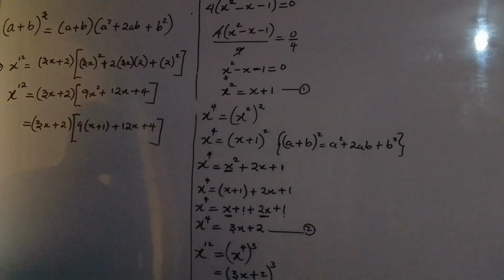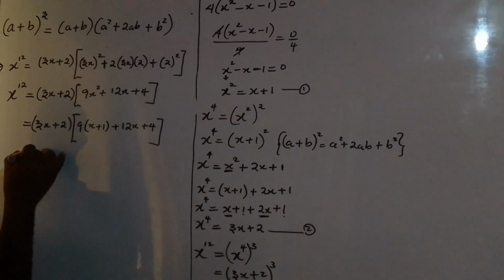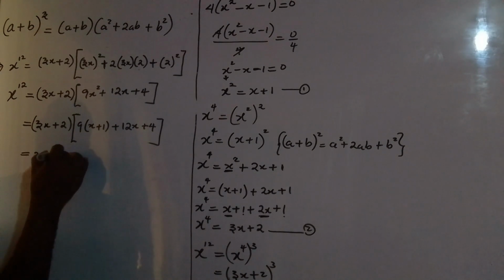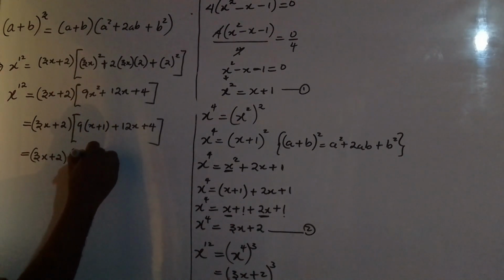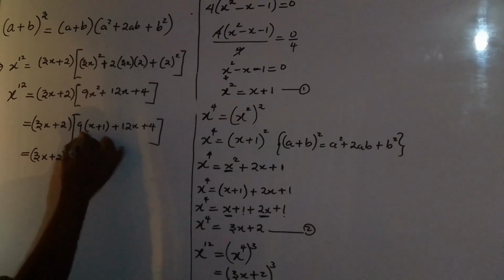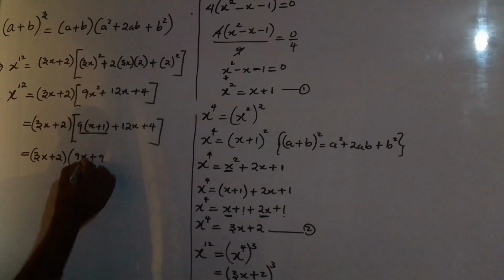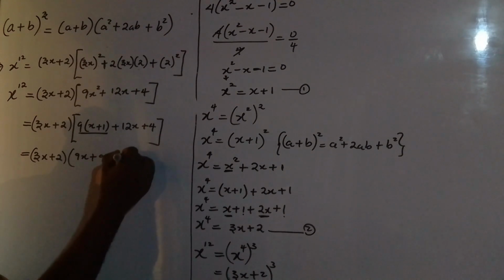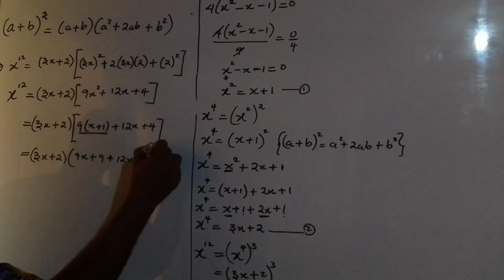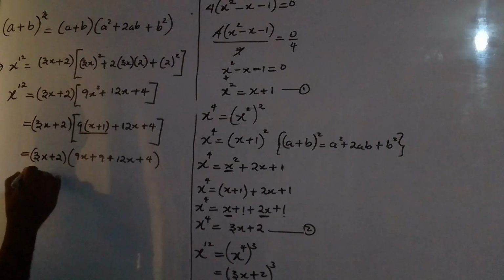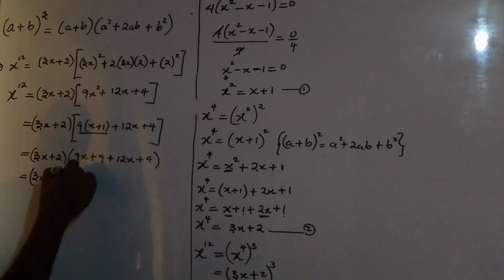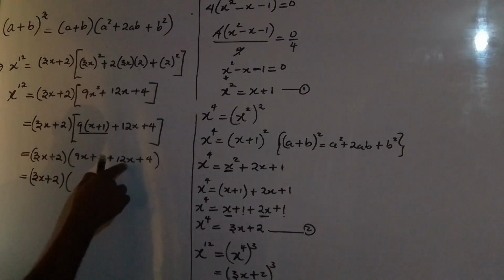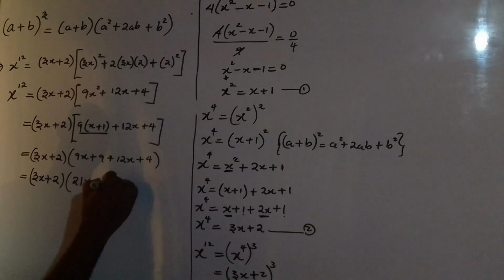Close that up. So I'm going to get (3x + 2) times (9x + 9). Opening up this bracket will give me 9x + 9 + 12x + 4. Alright. So next we have (3x + 2) times (9x + 12x will give me 21x, 9 + 4 will give me 13).